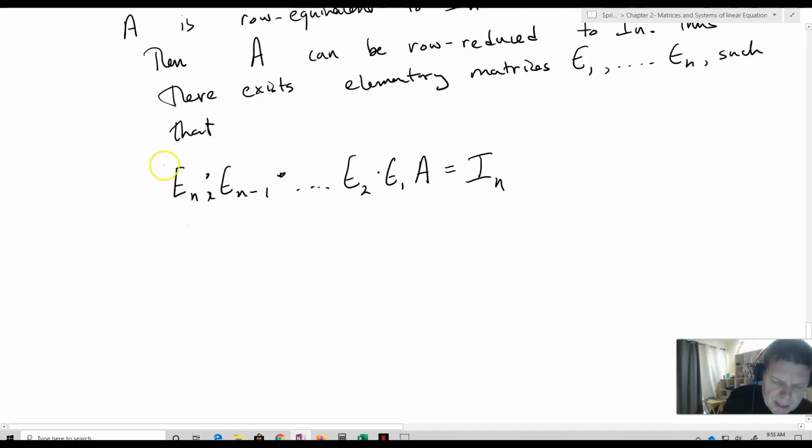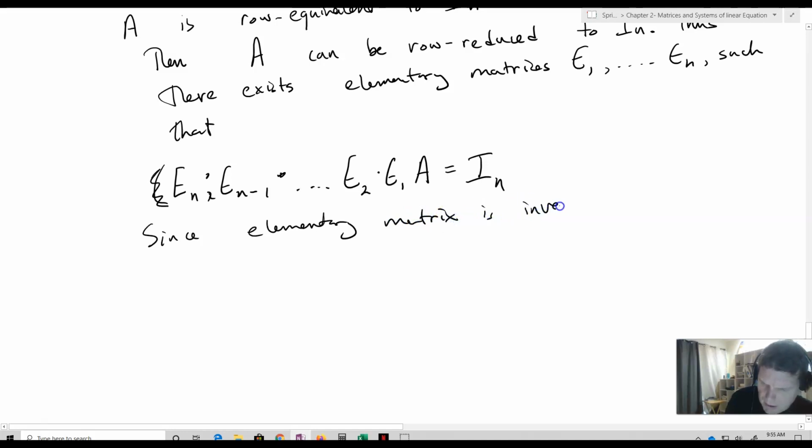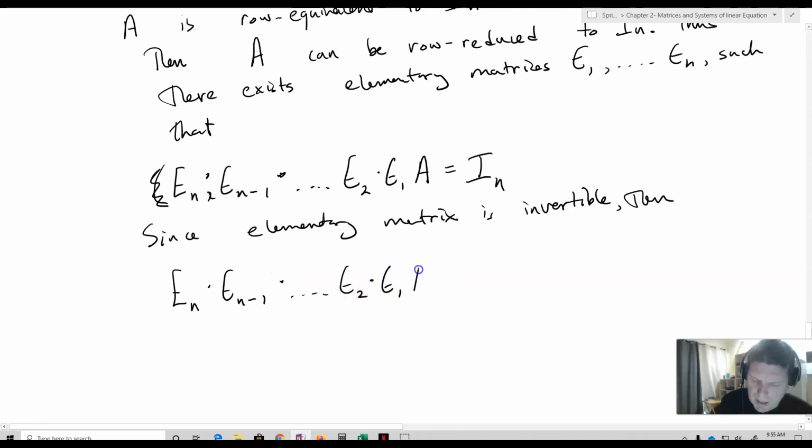Now, each elementary matrix is invertible, which we established earlier, so we can take the inverse of all of them. We have A equals I_n, and I'm going to take the inverse on both sides.